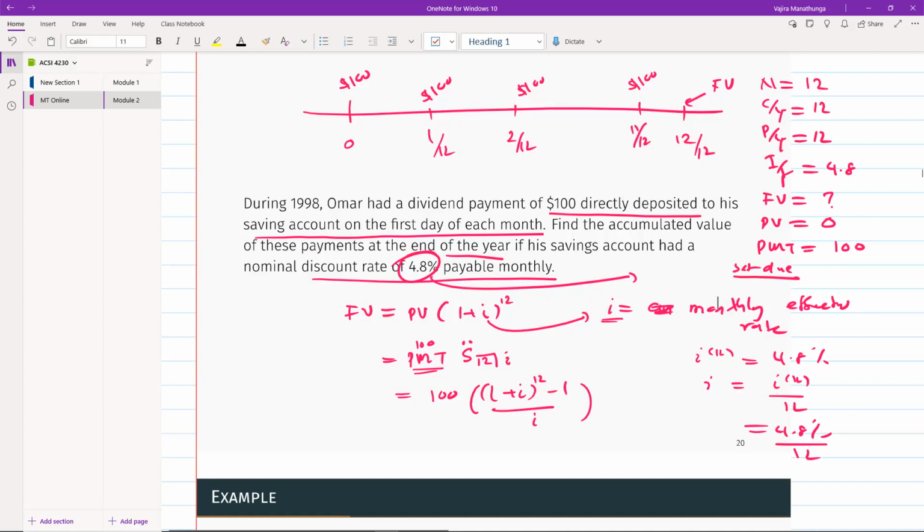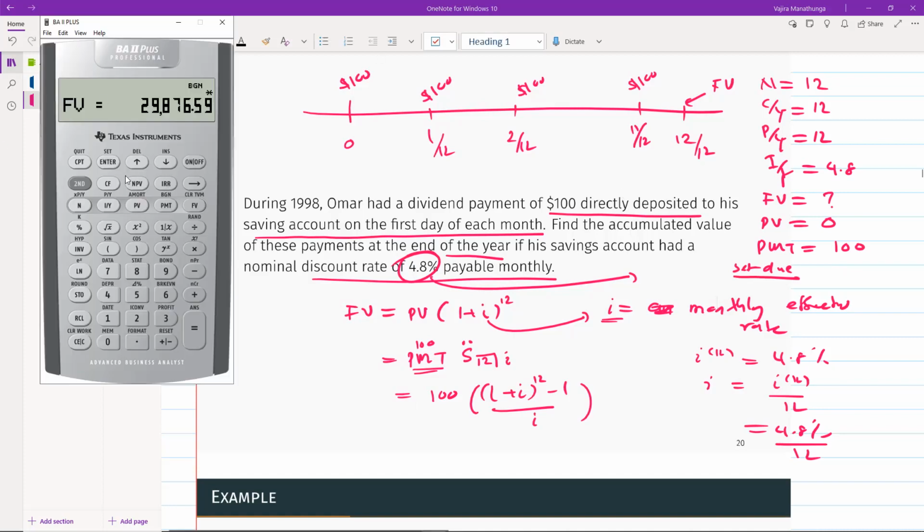Okay, so let me use the calculator. 12 for N, and then compounding per year is 12. Let me just set the rate. It is 4.8.